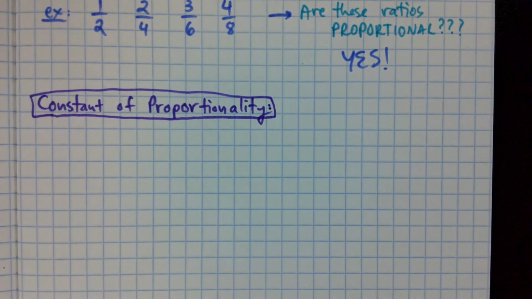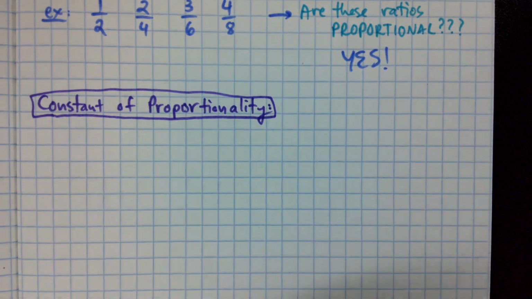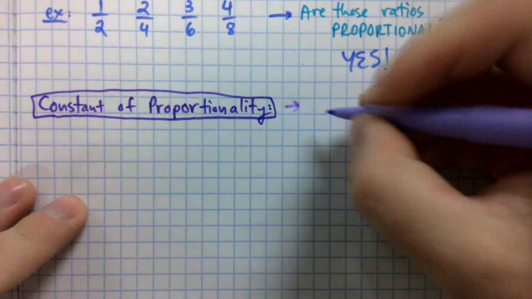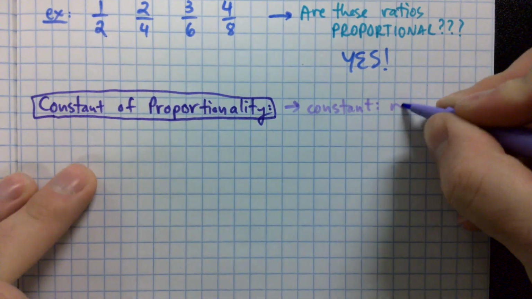What does the term constant mean, not even in a math sense necessarily? Who can explain? Repeating. Good. What else? Definitely repeating. Yeah, over and over. Absolutely. And the same. So let's add those three little terms in here. Constant. Repeating.